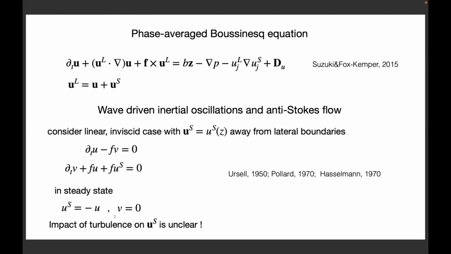What is totally unclear at the moment is the impact of turbulence on the Stokes drift. As often, we assume that there's no impact on the Stokes drift, so our vertical viscosity only operates on the Eulerian velocity.